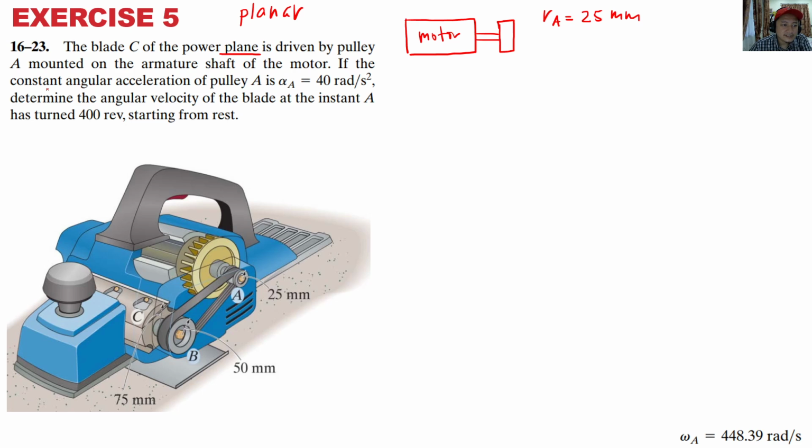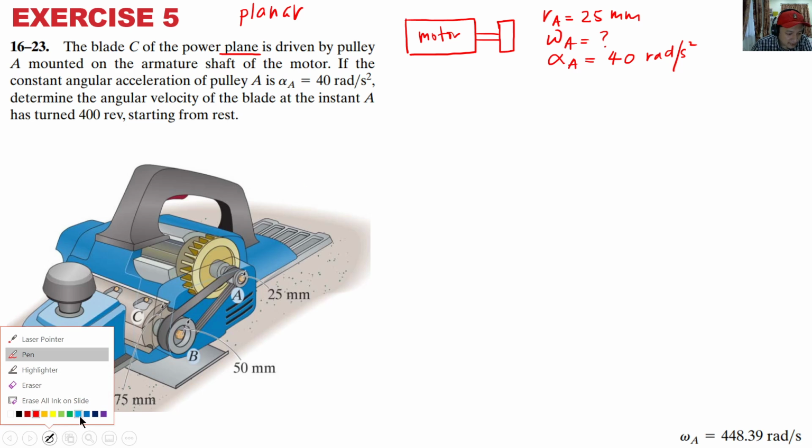Okay, if the constant angular acceleration of pulley A is 40, omega A is not given, but they give you something called alpha A. It's a constant 40 radian per second squared. This one they give.